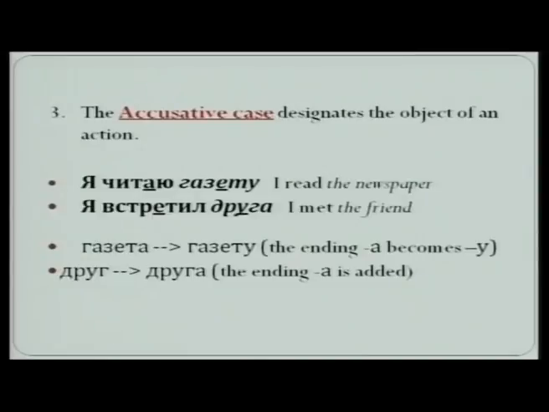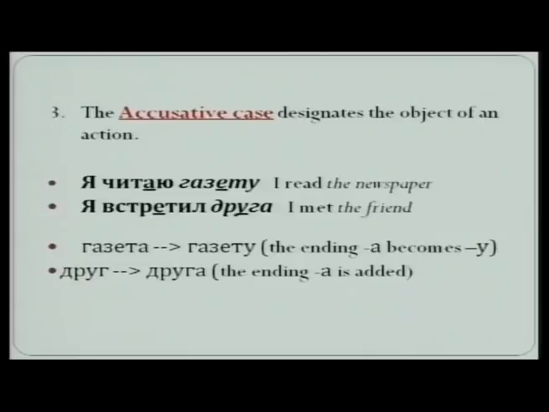Let us go to the next case now and understand it with a few examples. The accusative case. It designates the object of an action. What do we mean by that? Let us understand about this with a few examples.